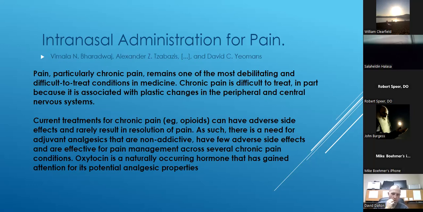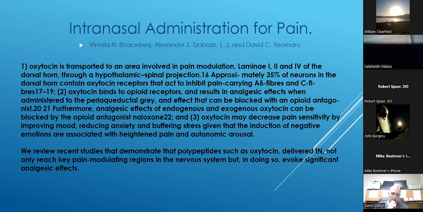So oxytocin is a natural hormone that has gained attention for its potential analgesic pathway. We know that oxytocin is part of the descending analgesic pathway.